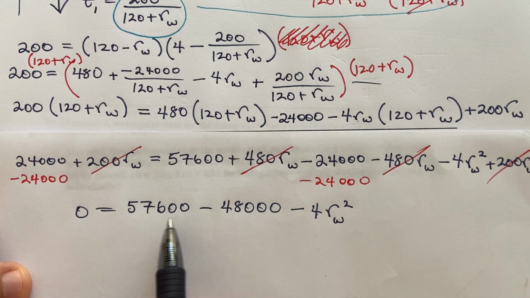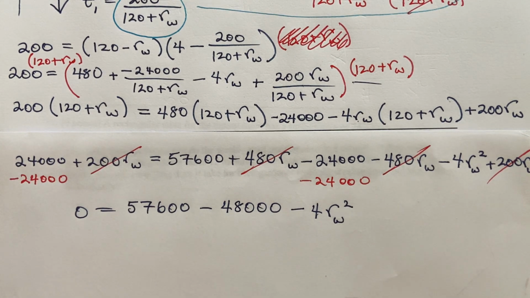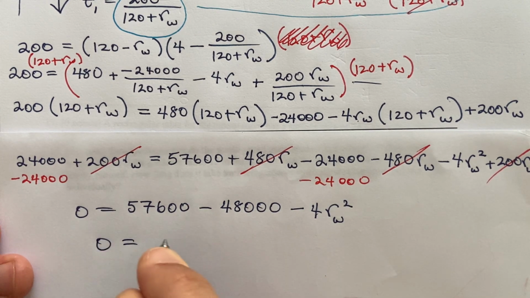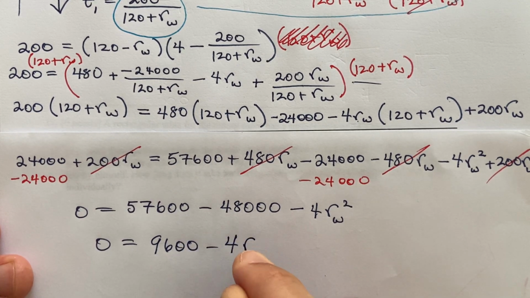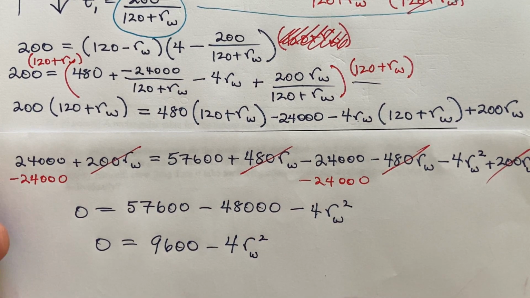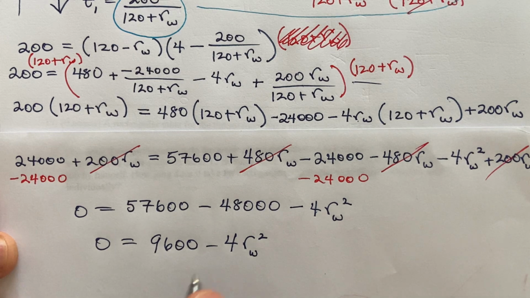I can go ahead and take this difference. 57,600 minus 48,000 is 9,600. So 0 equals 9,600 minus 4 R sub W squared. What I'm doing is trying to isolate R sub W squared so I can take a square root. So maybe I'll add 4 R sub W squared to both sides.